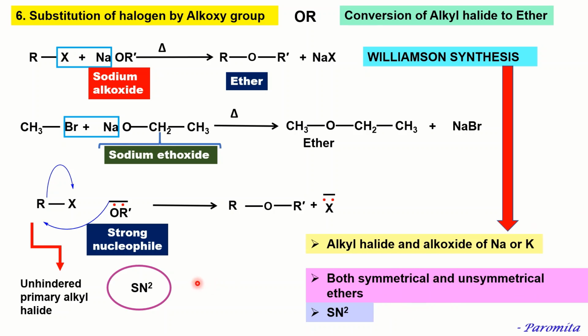We know that alkoxides are strong bases or excellent nucleophiles, so their use in ether synthesis will follow SN2 mechanism, and the alkyl halide should always be restricted to unhindered primary alkyl halide.